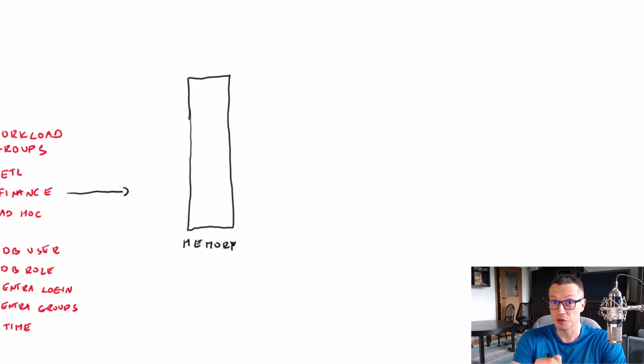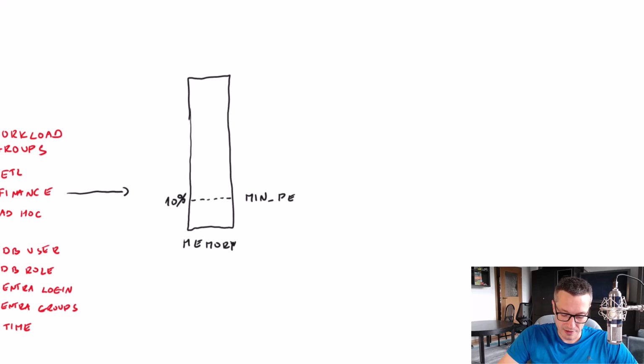Let's say we know that they need at least 10% of memory. So let's set the minimum amount of memory that will be waiting for those finance guys to 10%. To do this, you would use this fancy min percentage resource parameter when you are creating a workload group.